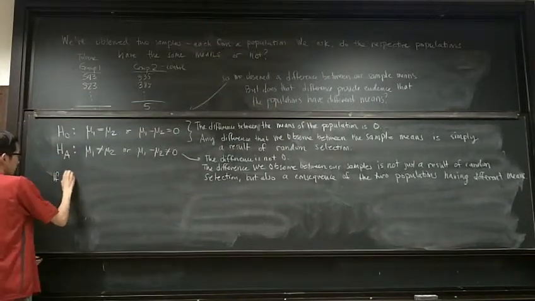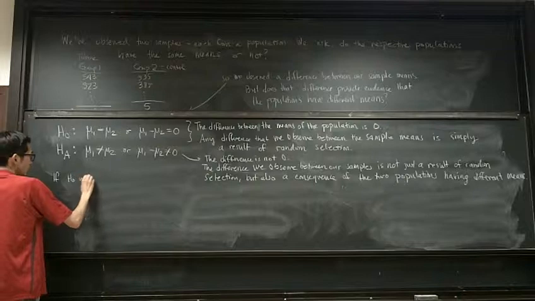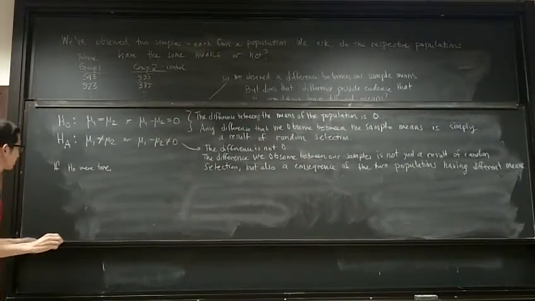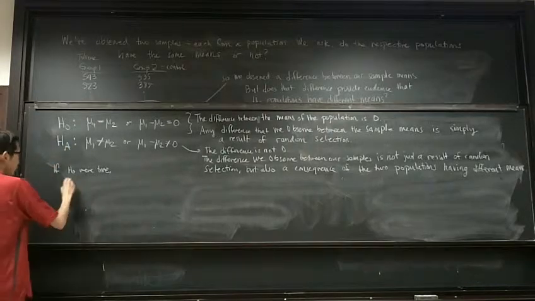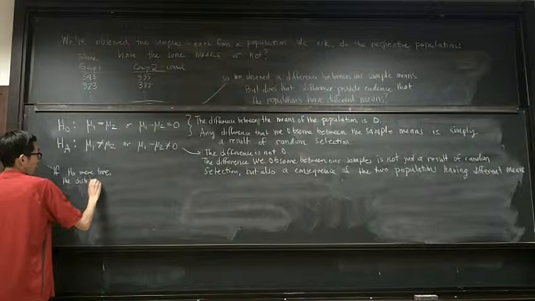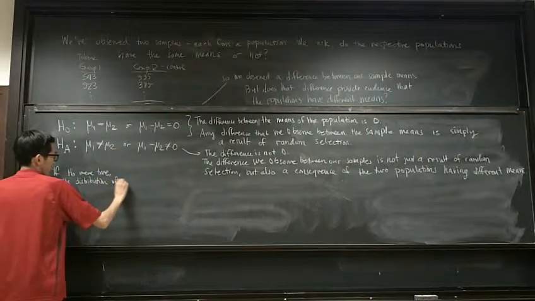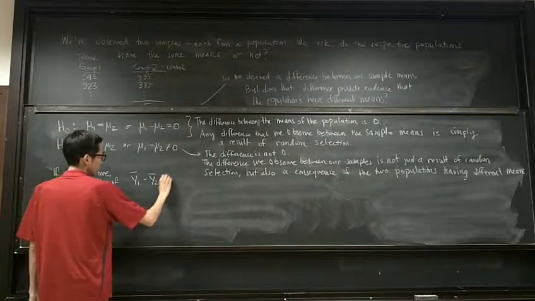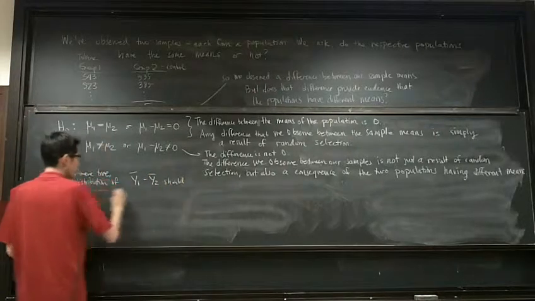So if the null hypothesis were true, the distribution of y1 bar minus y2 bar should be centered at 0.